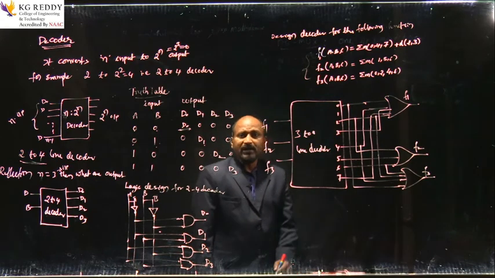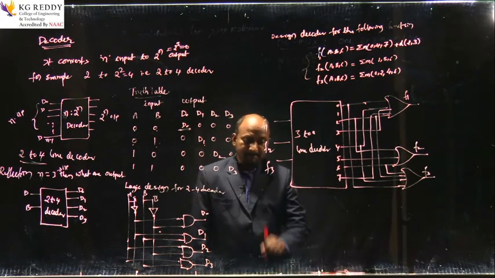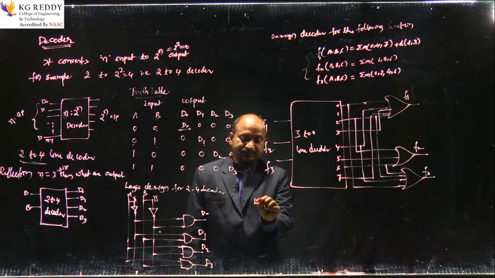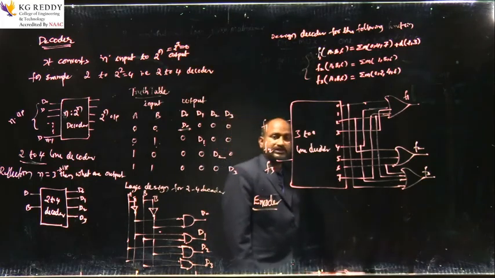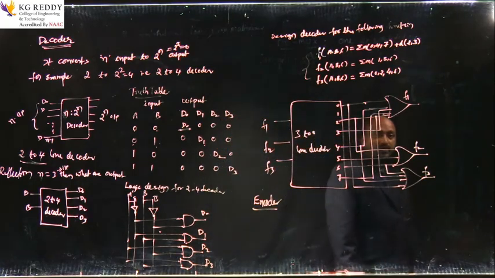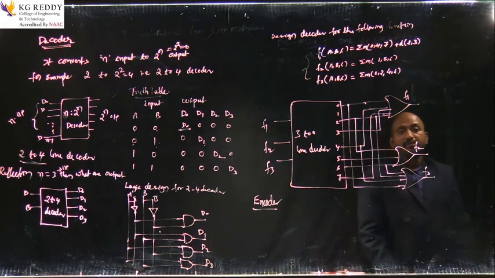Encoder. What do you mean by encoder? An encoder is an important circuit which encodes n number of inputs to m number of outputs.